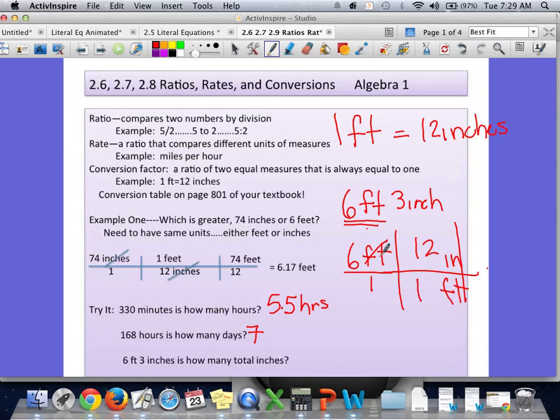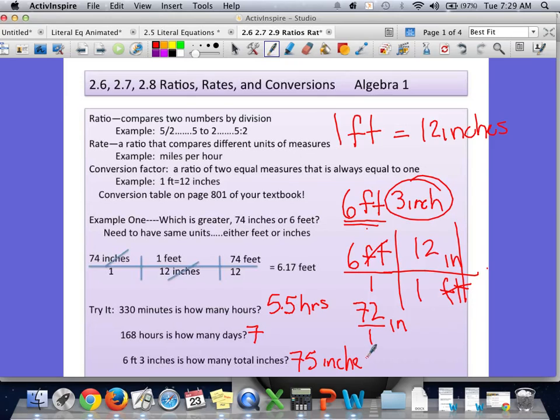Okay, my feet cancel. So that's 6 times 12, which is 72, over 1. And that is in inches. Okay, and then don't forget to add your 3. That would be a total of 75 inches.